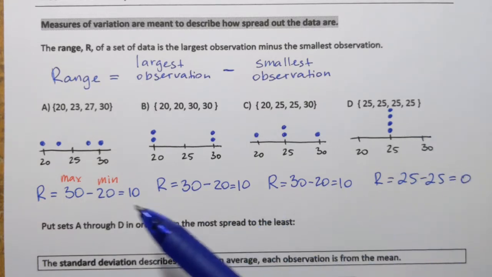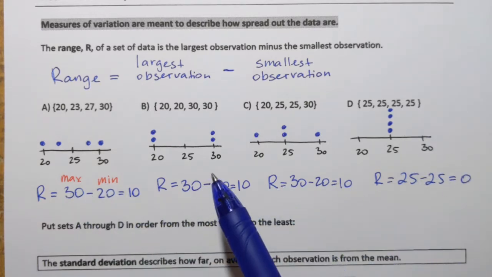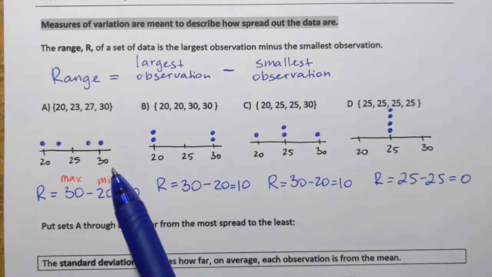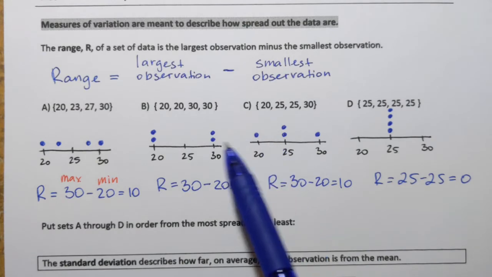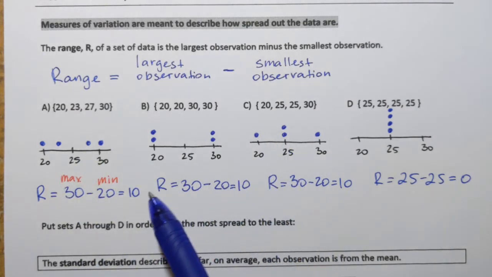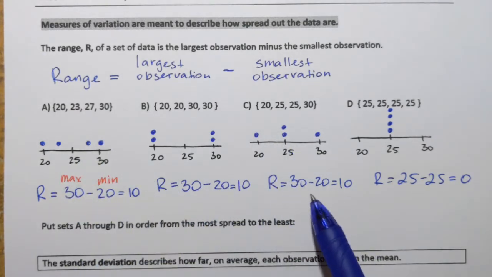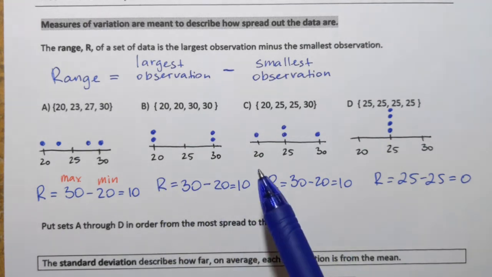But I want to focus on the first 3 sets and observe that while the sets look different, and that's the reason I wanted to show dot plots to visualize them, range is the same for all of them. So it's 10 units for each set.